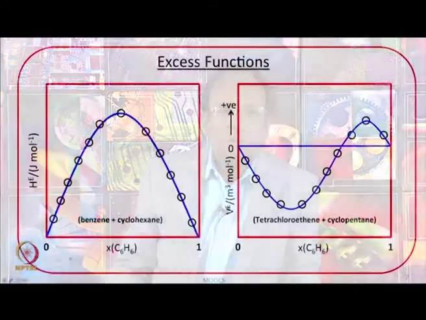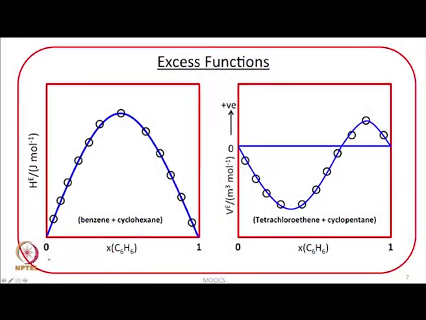These are some figures which describe the excess enthalpy variation against mole fraction of benzene when benzene and cyclohexane are mixed. For ideal mixing, it should have been 0, but since it does not form an ideal solution, you see there is a deviation from ideality.